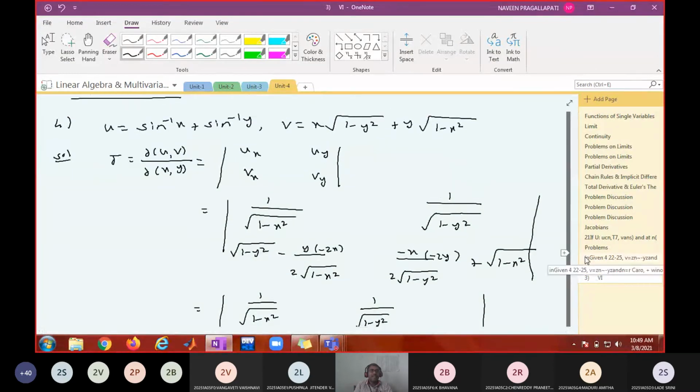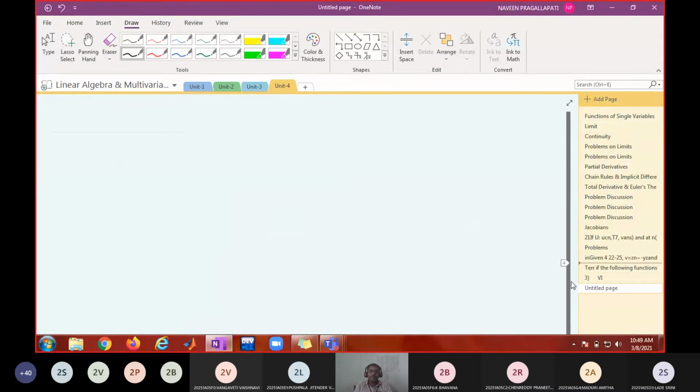So, can you see the relation between U and V? V is equal to sin U. So functional relation.